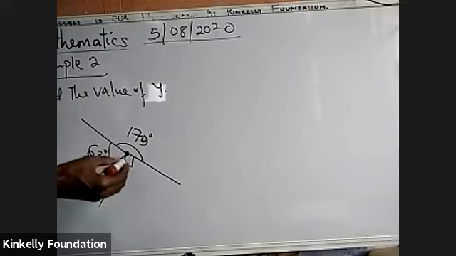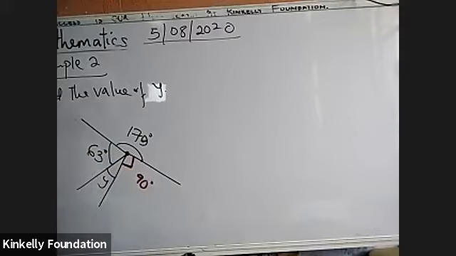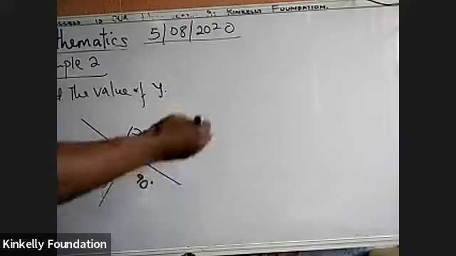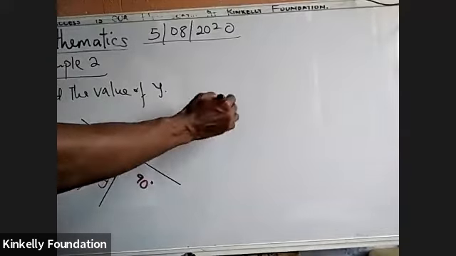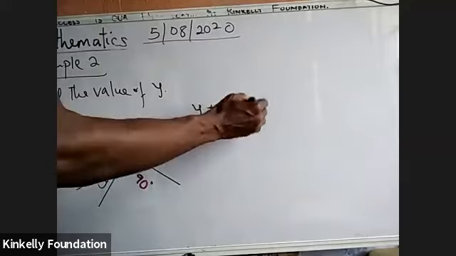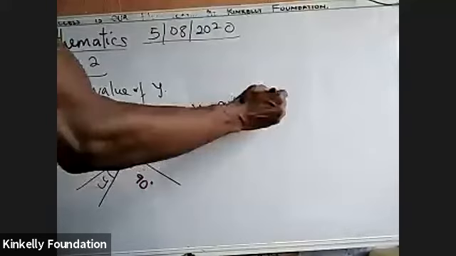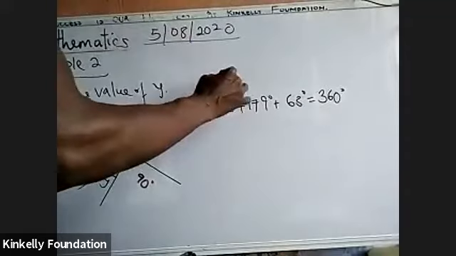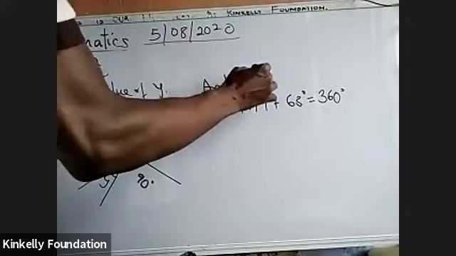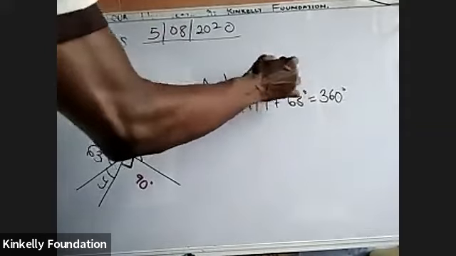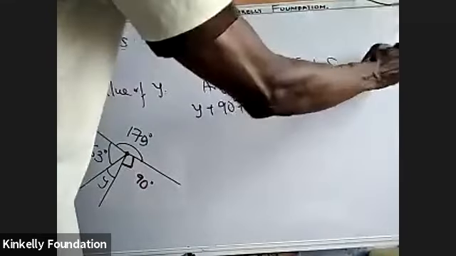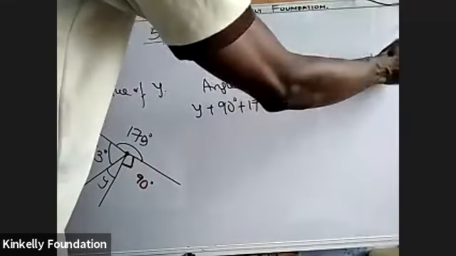And you also know that the value of this particular side is 90 degrees. Then, having this to be 90, we now have that y plus 90 degrees plus 179 degrees plus 63 degrees is equal to 360 degrees, which is angles round a point. This sums up to 360 degrees.